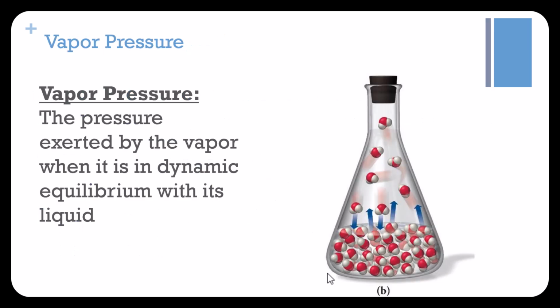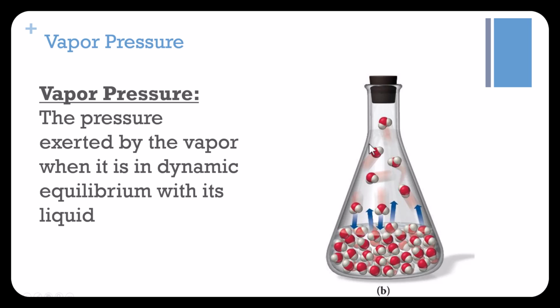First, let's talk about what vapor pressure was. As a reminder, vapor pressure is the pressure exerted by a vapor in a closed system. Remember that this is a pure sample of water, so we haven't put anything in it yet. When we have a liquid down here, that liquid has intermolecular forces with itself, and some of those particles are going to start to evaporate.